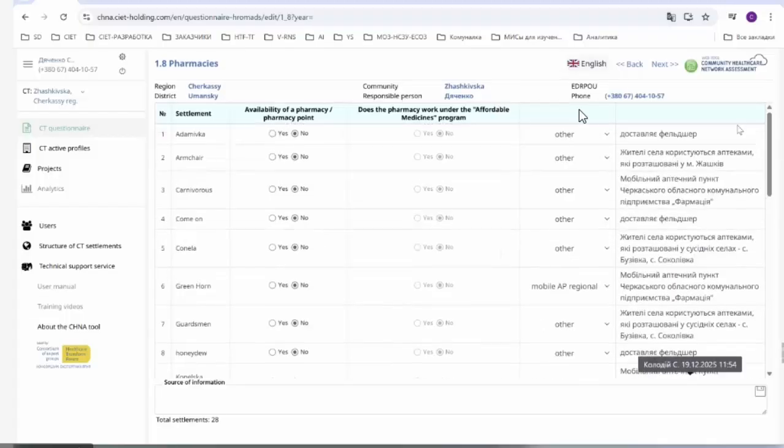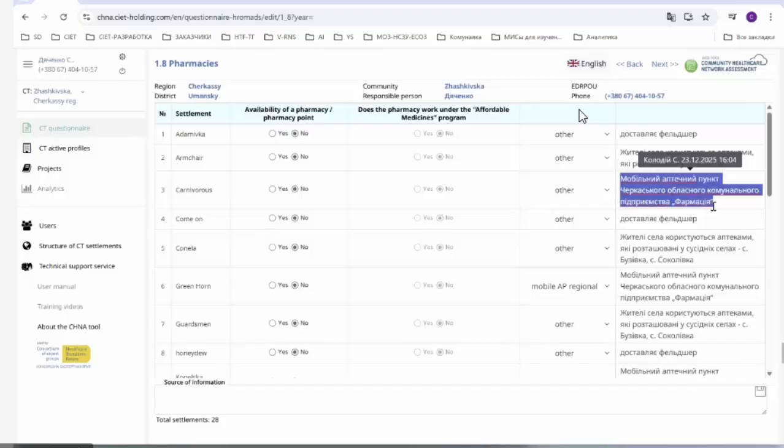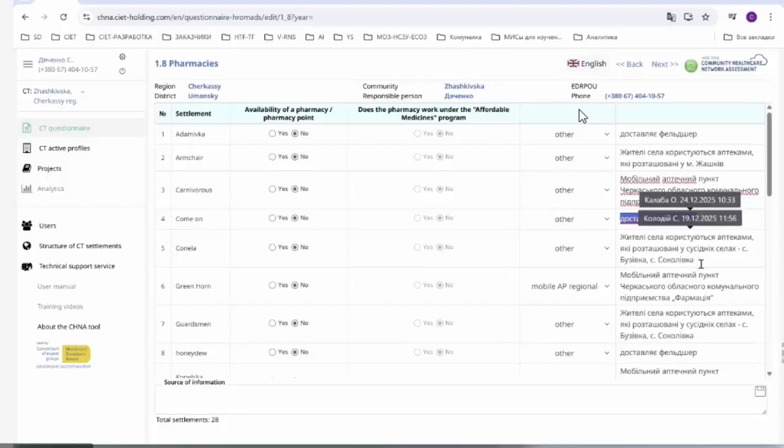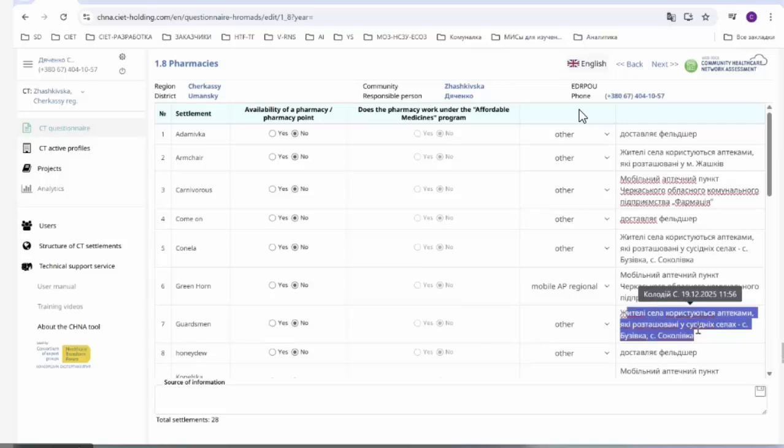So we can say that medicine is not available to the population, because in other countries, in Kazakhstan and Kyrgyzstan, when we asked the population why they do not use the medical benefit program scheme, they said that we have to pay a co-payment on top of the reimbursement.